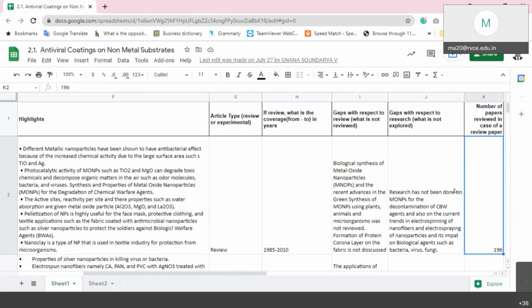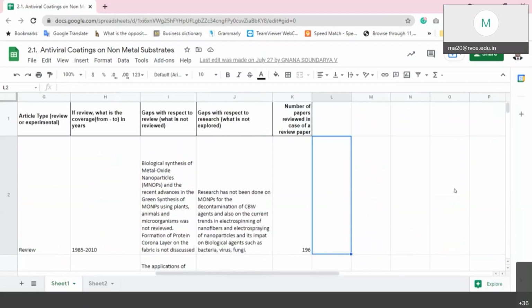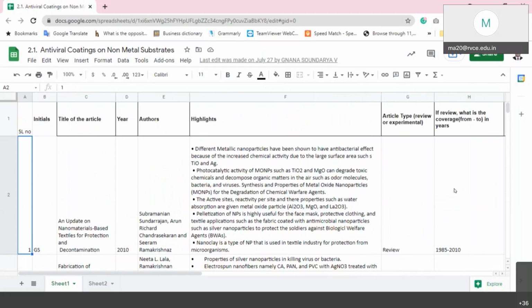If you read one review article, you will get the gist of 196 papers. This is the magnitude of papers that researchers go through to come up with a good review paper, right? So this is how you summarize. This is the method that I follow and I want my students to follow.